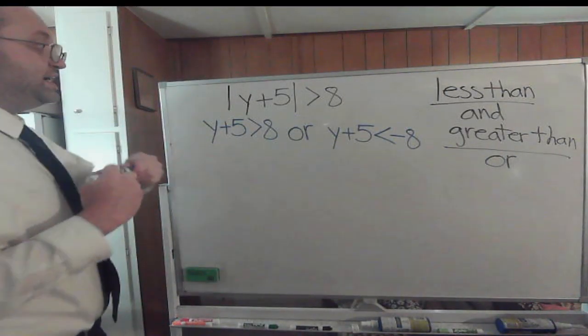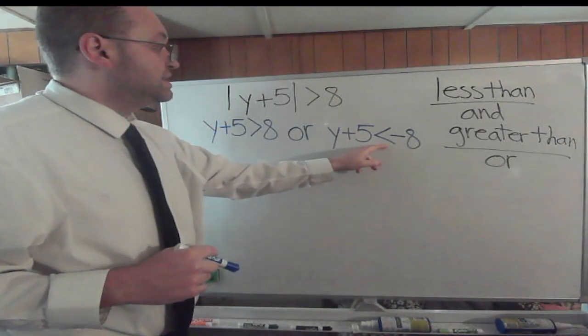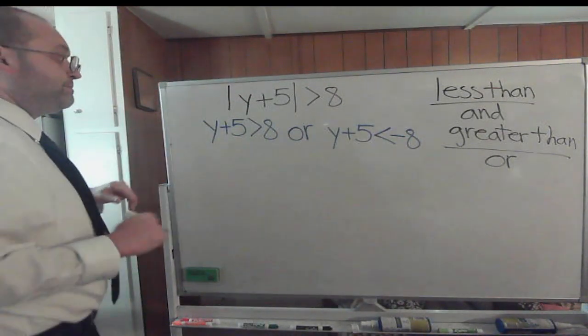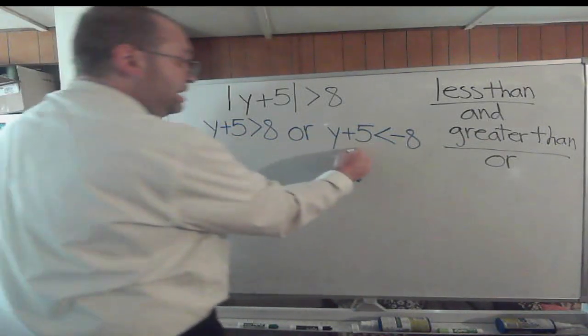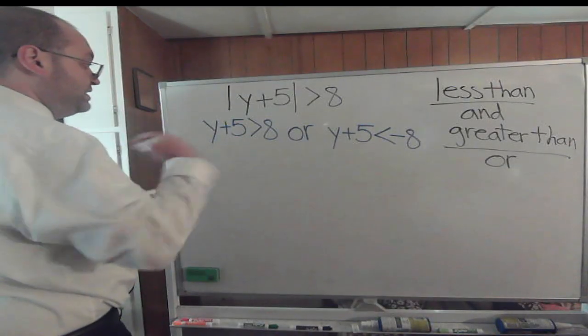So then you just take what's inside the absolute value, flip your inequality sign, and do negative what's on the right-hand side. So now we have y plus 5 is greater than 8, or y plus 5 is less than negative 8. Now you just solve these two inequalities.